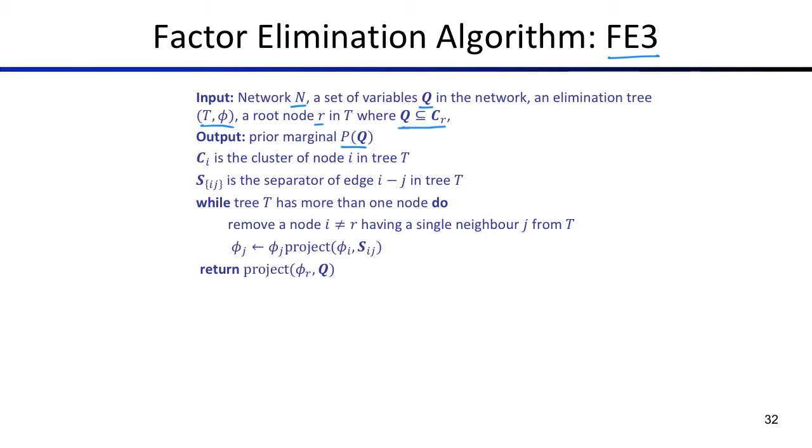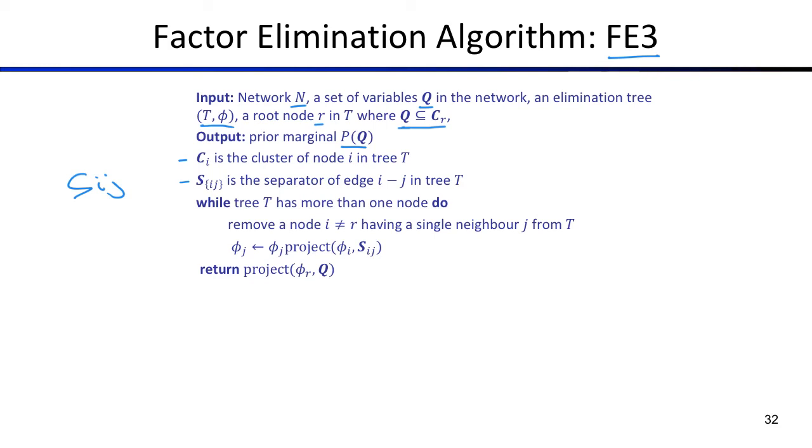To clarify, we have C_i, the cluster at node i in the tree, and we have S_ij, so there is a typo here, it should be S_ij. It is the separator of the edge ij in the tree.